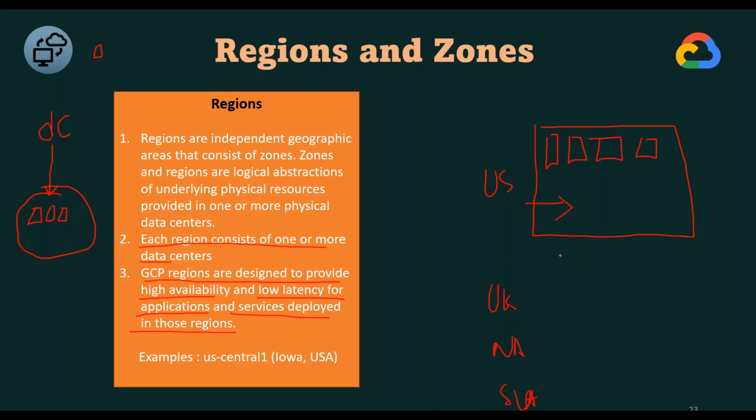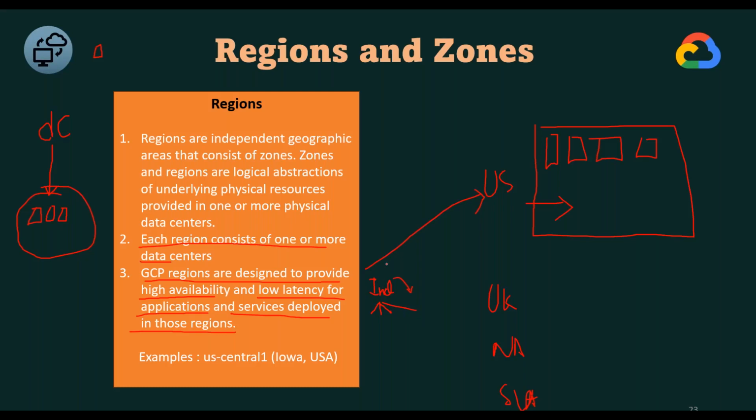What is the problem if they put all of this in one location only? India is far away from the US. If Indians are the ones using some application, and you deploy that application on an India server, it will be available to the users, who can connect to it very fast.